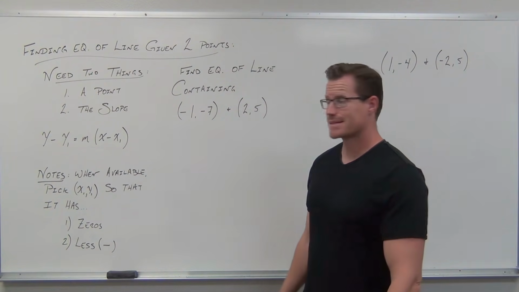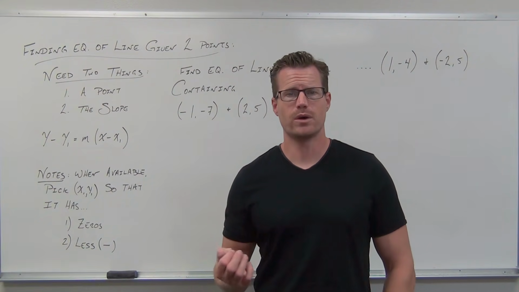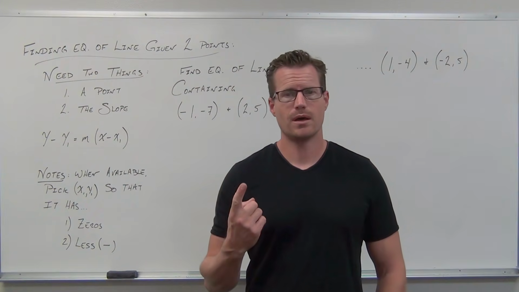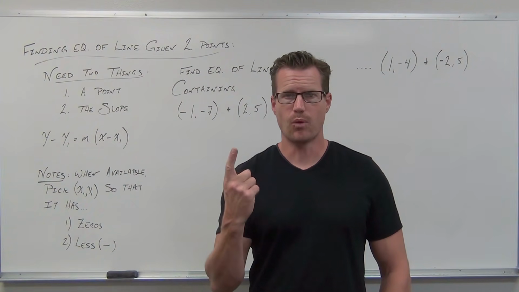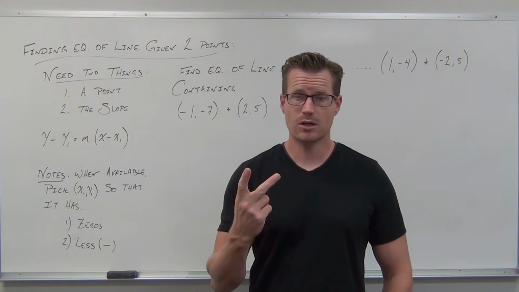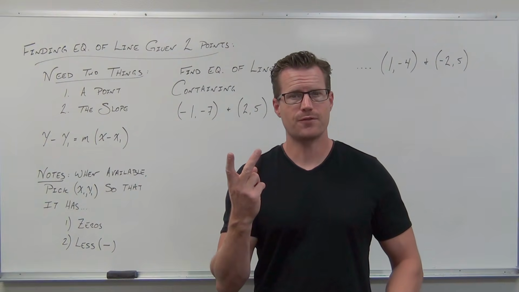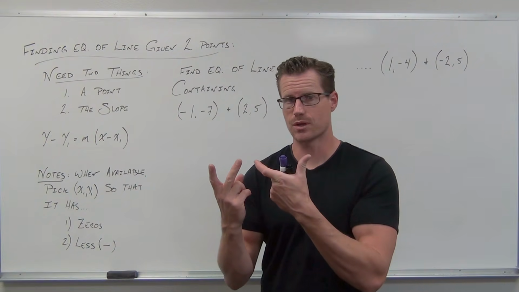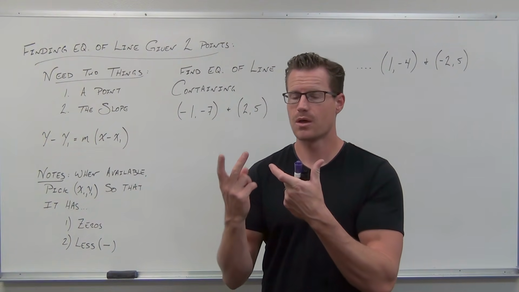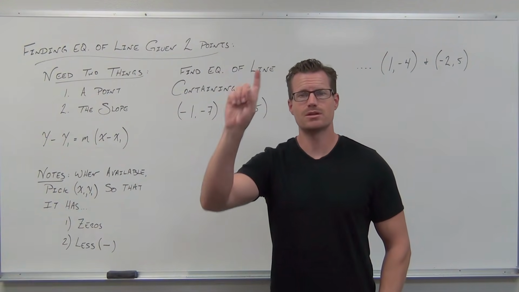Basically, that's it. So here's the recap of everything you need to know about how to find the equation of a line. Number one, there's two things you need. You need a point, and it will always be given to you, and you need the slope. Now, we talked about two ways to find the slope. Either it's given, or you can find it from another equation and a reference word, like parallel or perpendicular. The third way you can find it is in this video. So we need a point, and we need the slope.